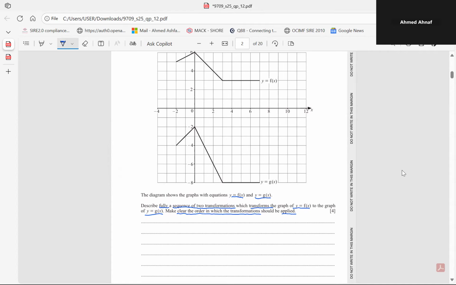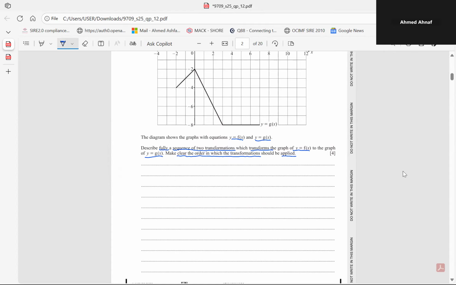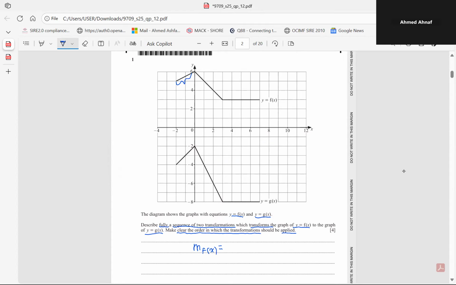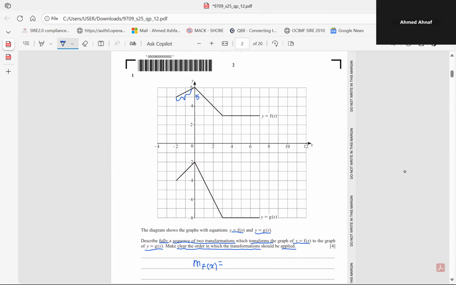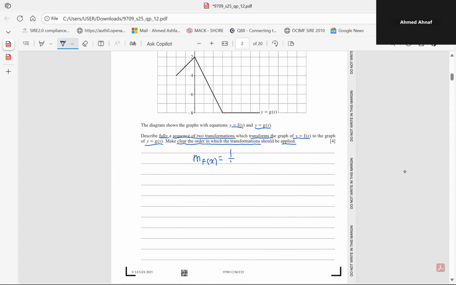Okay, so first of all, let's notice the gradient of the corresponding section. So let's notice the gradient of y equals f(x). As you can see, let's do the working here. So the gradient here is 1 divided by 2, so 0.5.